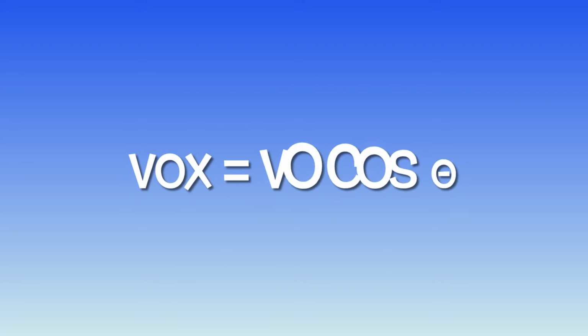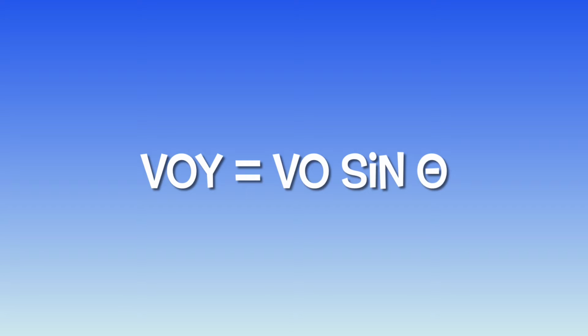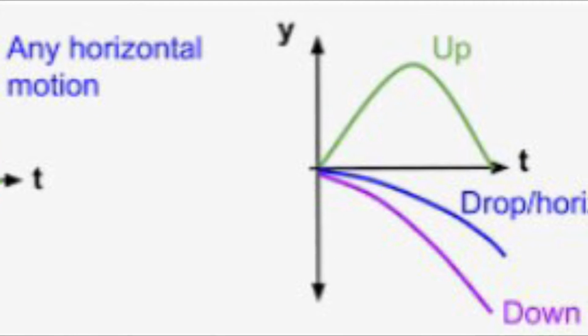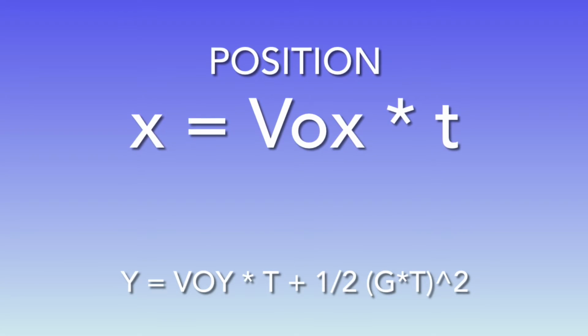Initial velocity x is equal to initial velocity times cosine of the angle, and initial velocity y is equal to initial velocity times sine of the angle. And when we have the components, we can obtain the position and velocity of the projectile. The position x is equal to initial velocity x times time, and y is equal to initial velocity y times time plus 1/2 times gravity times time squared.